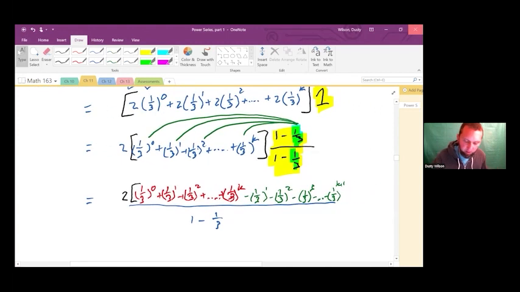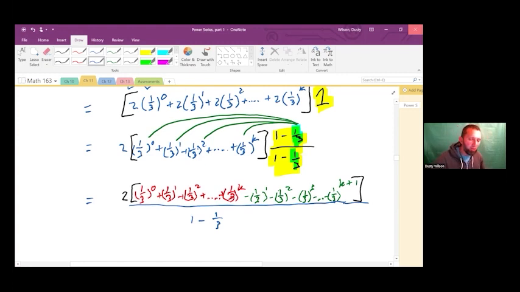Running out of space. I want to point out that these terms go to the first power, second power, third power, all the way up to the k minus 1 power, the k power, the k plus 1 power. There's a whole bunch of terms stuck in that dot, dot, dot.